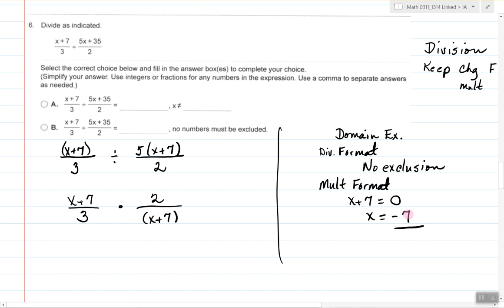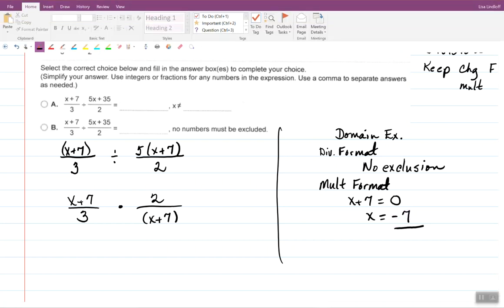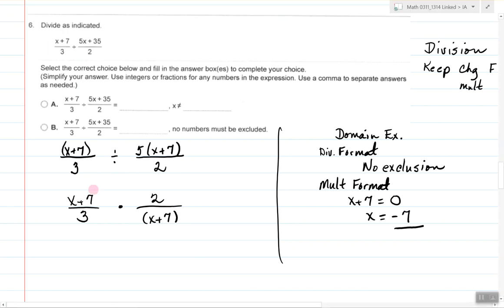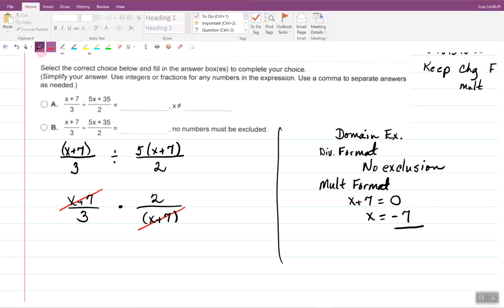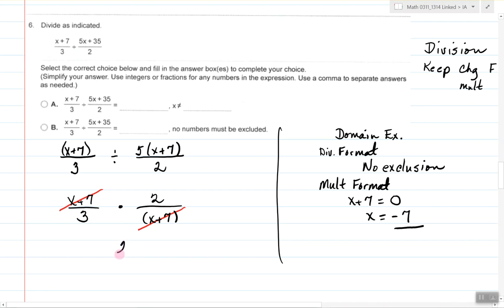So now I'll go back into my problem and see what I can divide out. Here's a factor of x plus 7, x plus 7. That leaves me with 2 over 3. So the quotient of this is 2 over 3, and I did get a single domain exclusion.